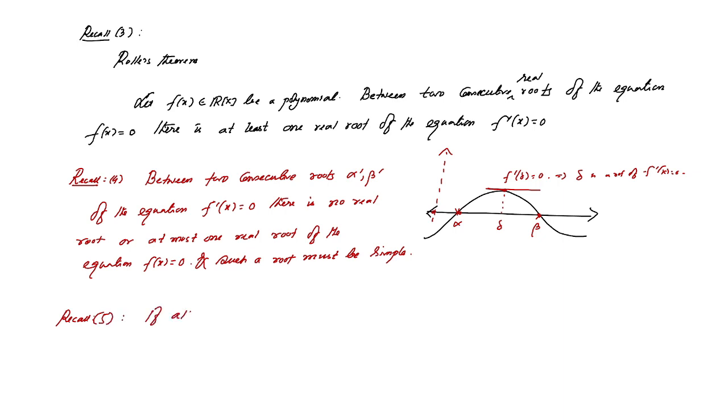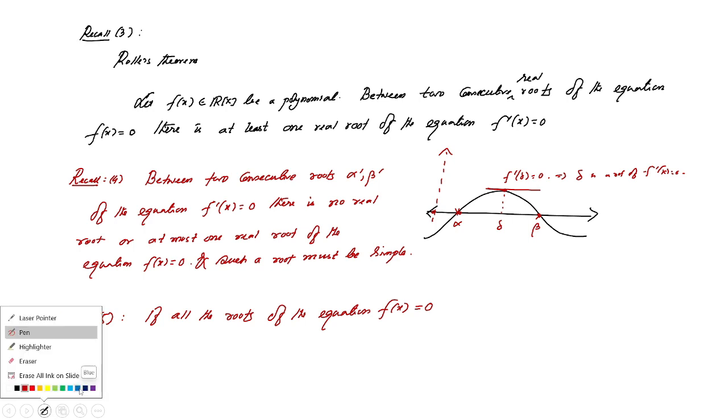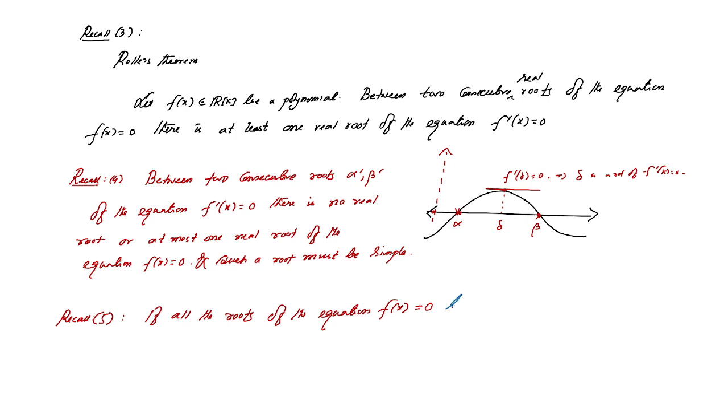If all the roots of the equation f(x) equals 0 are real and distinct, this is very, very important. Real and distinct means all are basically simple roots.